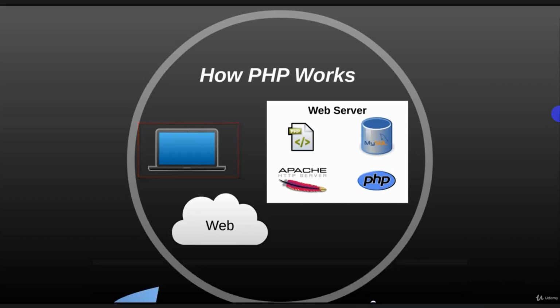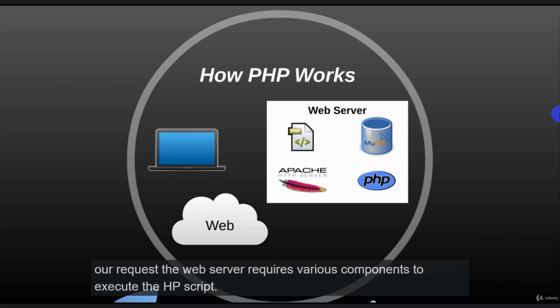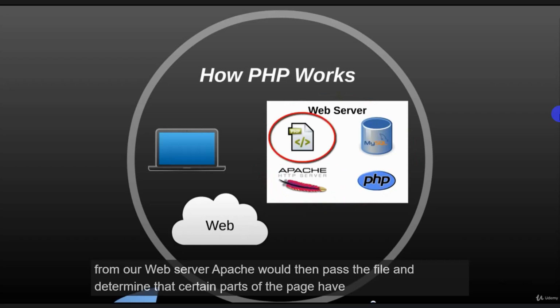Our request travels through the web to the web server hosting the website and all of its files. In order to process our request, the web server requires various components to execute the PHP script. First, the web server would need Apache installed to intercept the request and retrieve the PHP file from our web server.